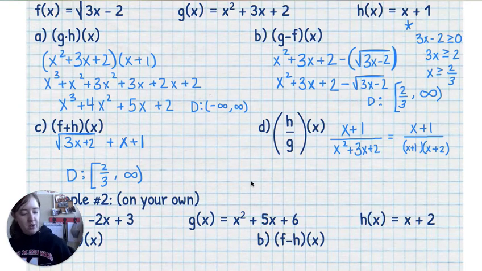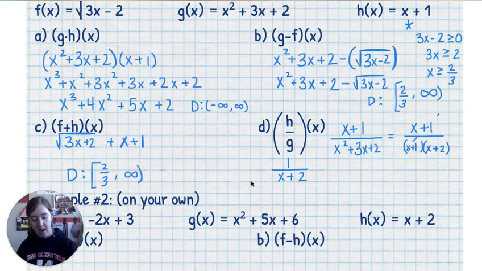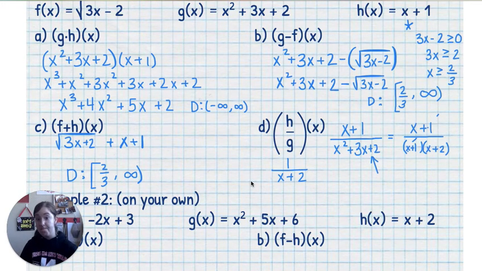Okay, so technically what's going to happen right now is these guys are going to divide away. So I'm just left with 1 over x plus 2 when I simplify. But here's something that's kind of tricky. When I go and I look for my domain restrictions, I don't look at what I had afterwards. I'm going to look at the domain of this original guy.